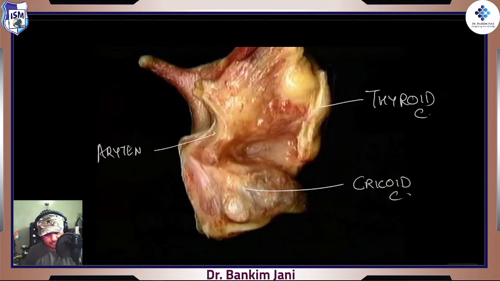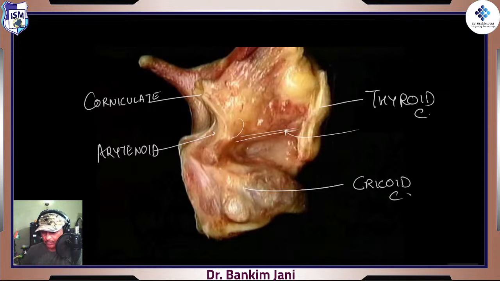And on the top, that pointing backwards is corniculate. And the anterior portion, that is all vocal cord. So this one would be the vocal ligament.